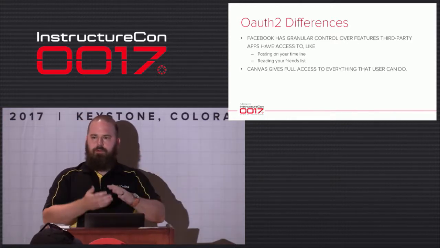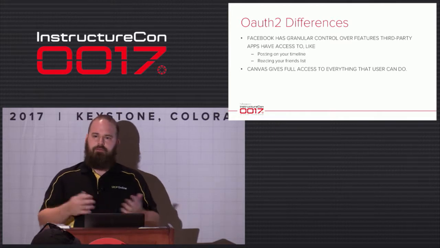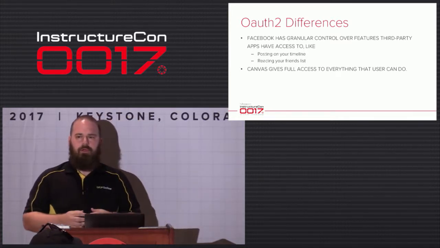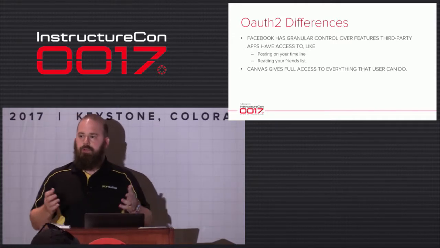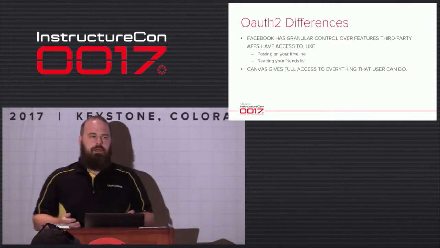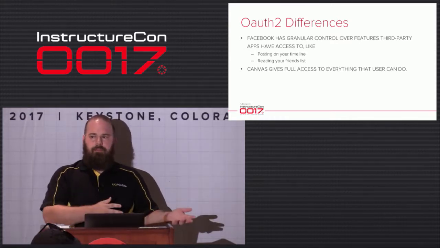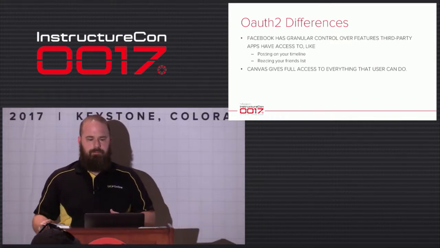You are informed, you know exactly what that app can do, and you can decide whether to authorize it or not. However, in Canvas, there is no granularity to, or scoping to those permissions. So that means that everything that user can do, that app can do after the user authorizes that app.